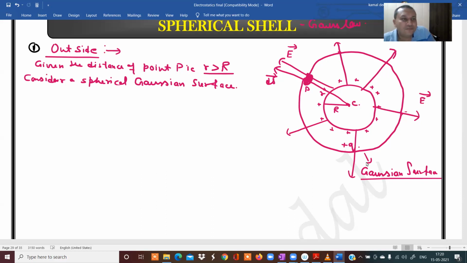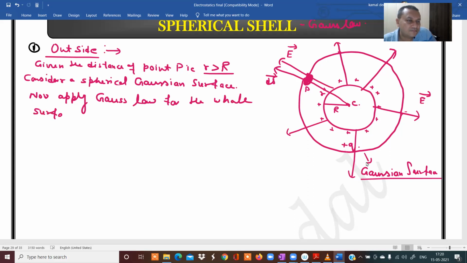Now apply Gauss law for the whole surface. Always we apply the law for the whole surface, because you are doing integration over a closed surface.